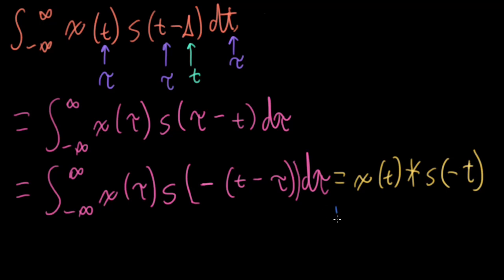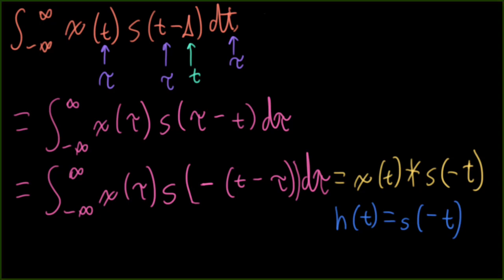Now, if we were to define a filter, h of t, that was just s of minus t, we can see that this whole operation is basically a filtering operation. We take our received signal x and we convolve it with h of t.